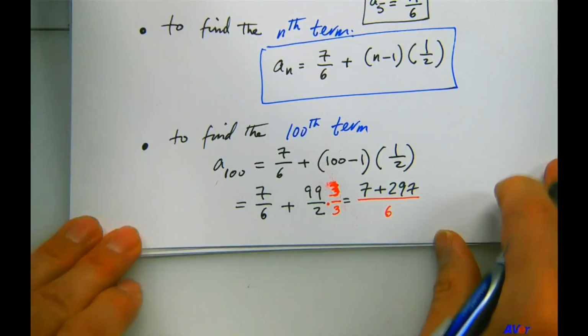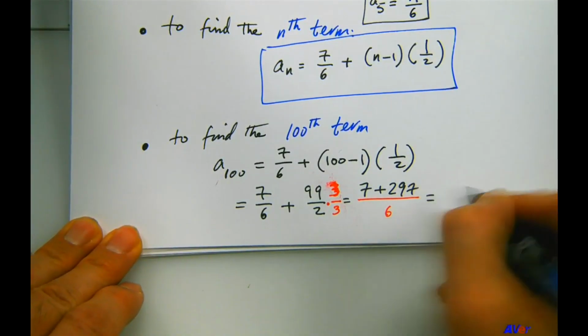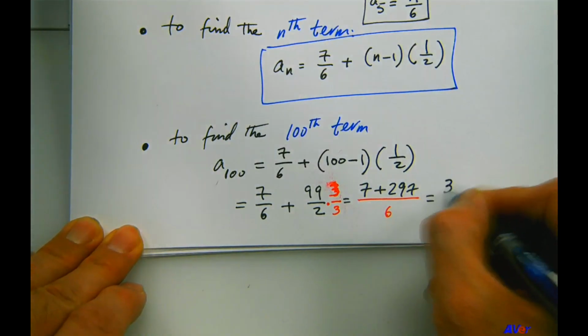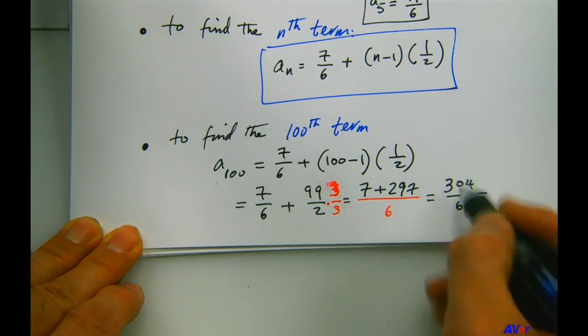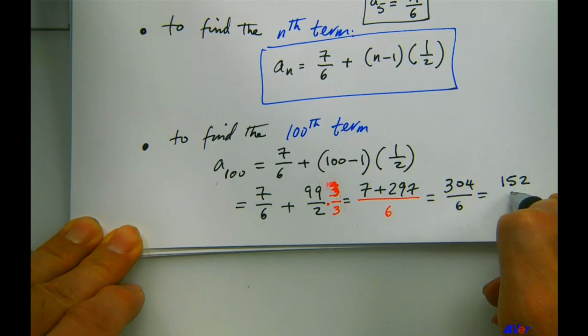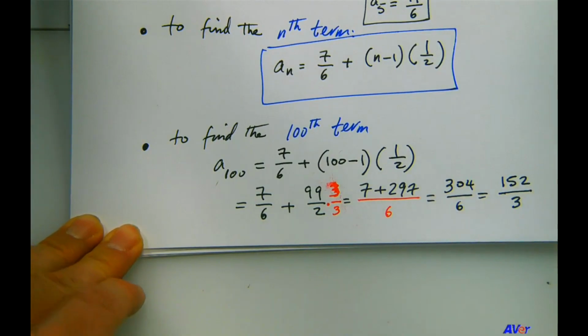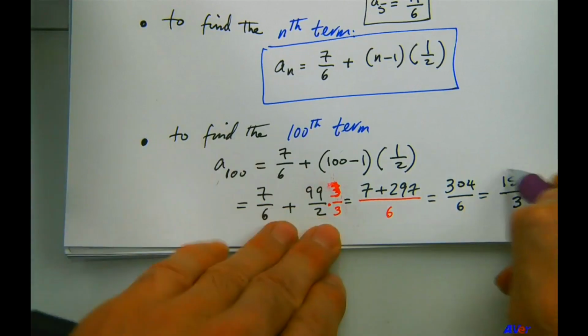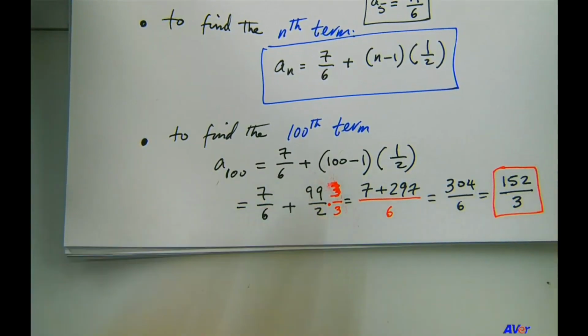And so we have 304 over 6. These are both even numbers, so of course, we can simplify that. So we have 152 over 3. Can we simplify that anymore? No, that's as far as we can take it. So this is the 100th term in the sequence. Okay, let's take a look at another example.